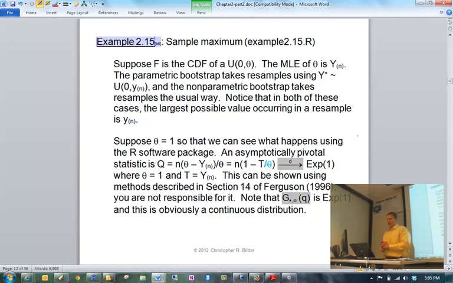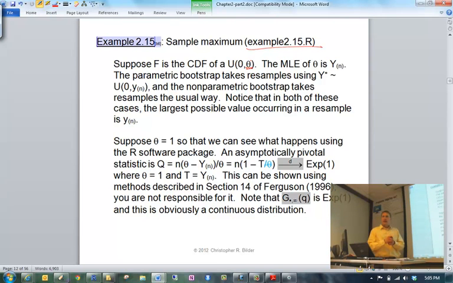Okay, so this is based upon the book, but I've done a lot of extra stuff too. I've actually put it into a numerical sense to help you understand what's going on here. Here's the corresponding program. Suppose F is a uniform 0 to theta distribution. So notice the maximum value is where your parameter is.